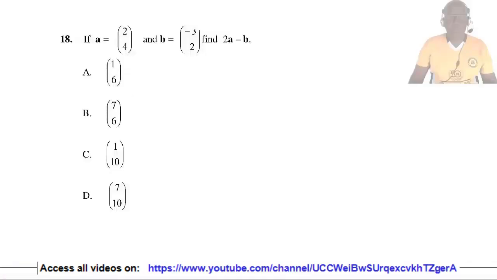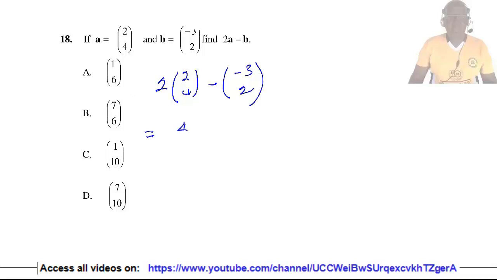Question 18. If A equals (2, 4) and B equals (-3, 2), find 2A - B. 2A - B, where A equals (2, 4) and B equals (-3, 2). This equals, we shall multiply 2 by 2 for the first item.